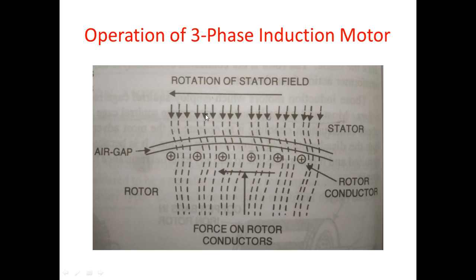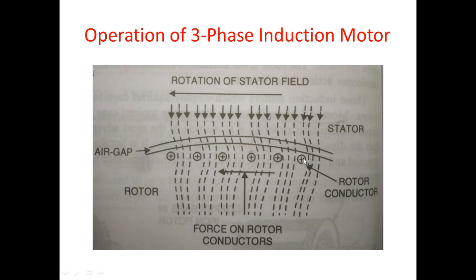The rotating magnetic field is rotating around the stator, whereas the rotor conductors are yet stationary. Due to this relative motion, an EMF is developed in the rotor conductors.